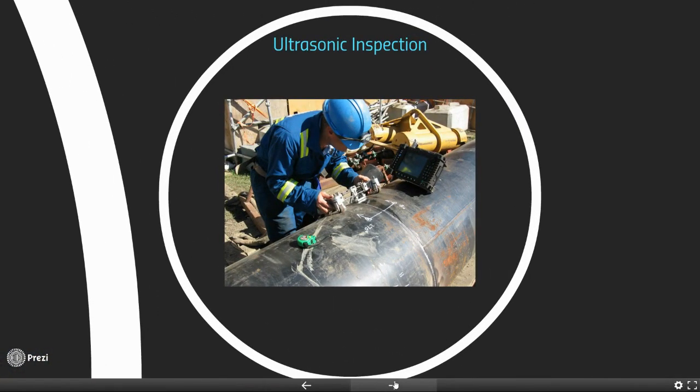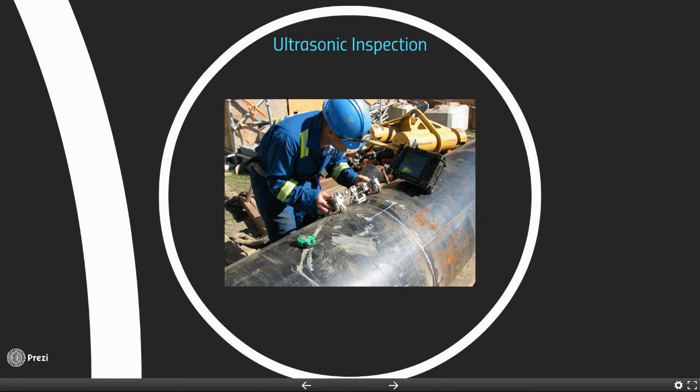Now we have ultrasonic inspection, and you've heard of the word ultrasonic before. Someone who is pregnant or about to have children goes to the doctor and has an ultrasound inspection. That's because ultrasonic waves can penetrate through certain types of tissue and certain types of other things too.